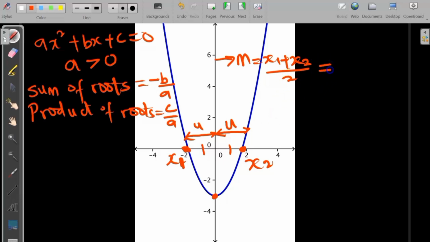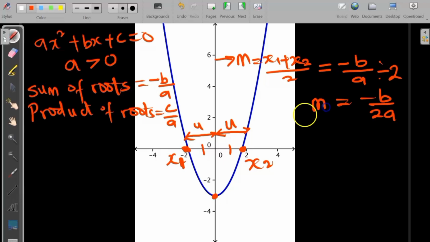But the sum of roots is minus b over a. Dividing this value by 2, we have minus b over 2a. That is the value of M.